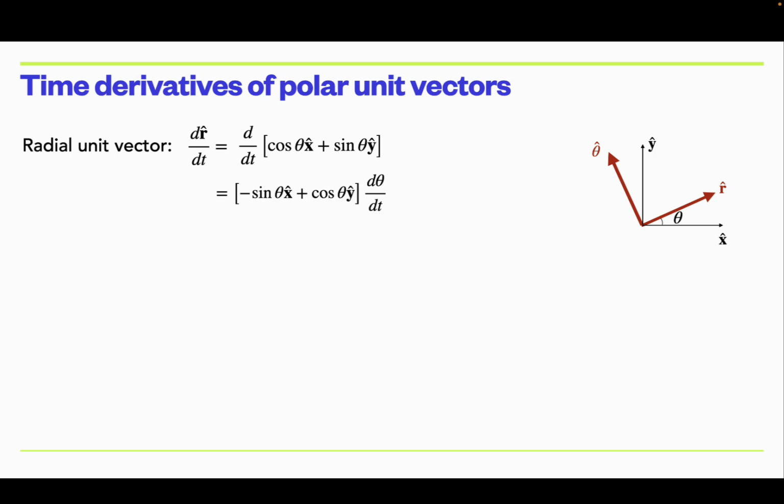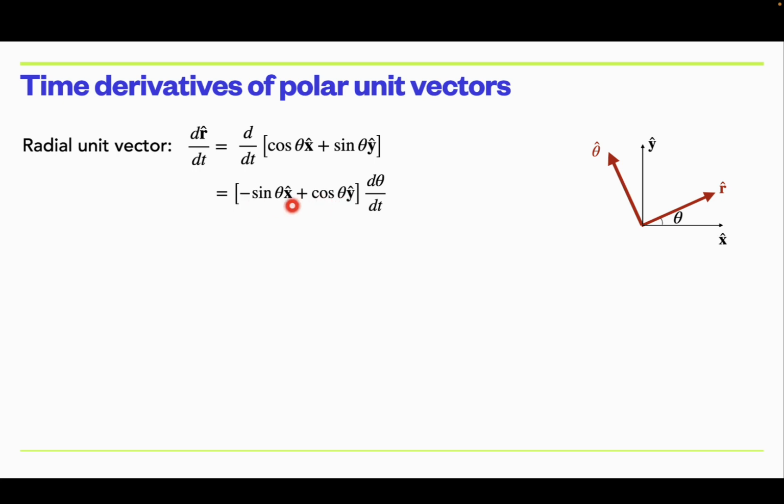They just act as constants. So when you take the time derivative of cosine theta, you get minus sine theta times x hat. The time derivative of sine theta is just cosine theta. And then, using the chain rule, you have to take the time derivative of theta after you take the time derivative of cosine and sine. So you get a d theta dt out in front.